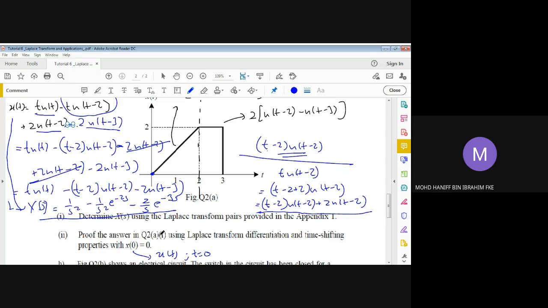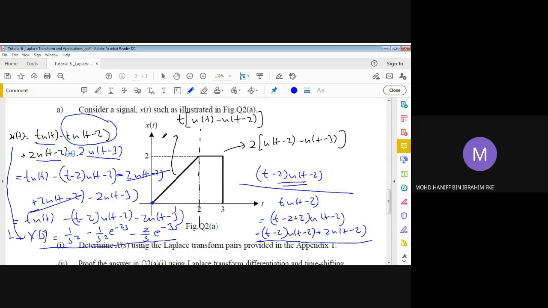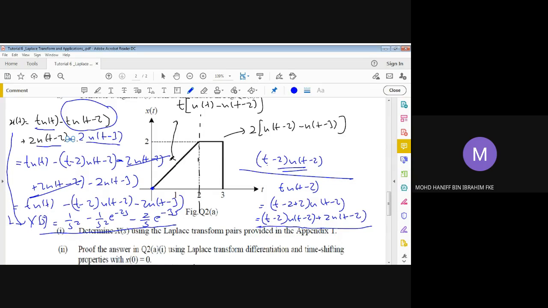Okay, so in this question, we are requested to prove the answer in question 2a1 using the Laplace transform differentiation properties and time shifting properties to find the Laplace transform for x(t). Previously, we transformed it straight away from the signal x(t). We found the equation of x(t), and then we did the Laplace transform.